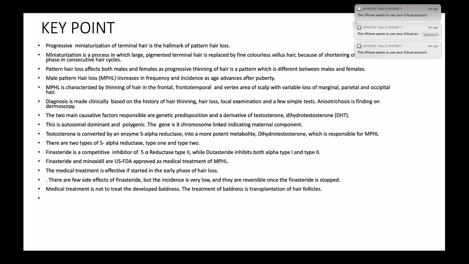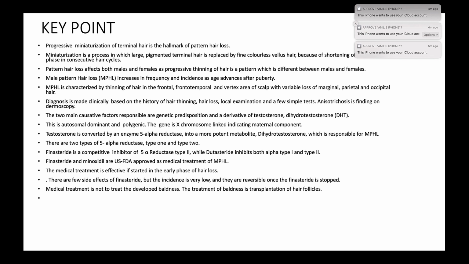Pattern hair loss affects both male and female, although the clinical appearance may be different, but the common thing is progressive thinning of hair. Male pattern hair loss increases in frequency and incidence as age advances after puberty. It is characterized by thinning of hair in the frontal, frontotemporal, and vertex area of the scalp with variable loss of marginal, parietal, and occipital hair.